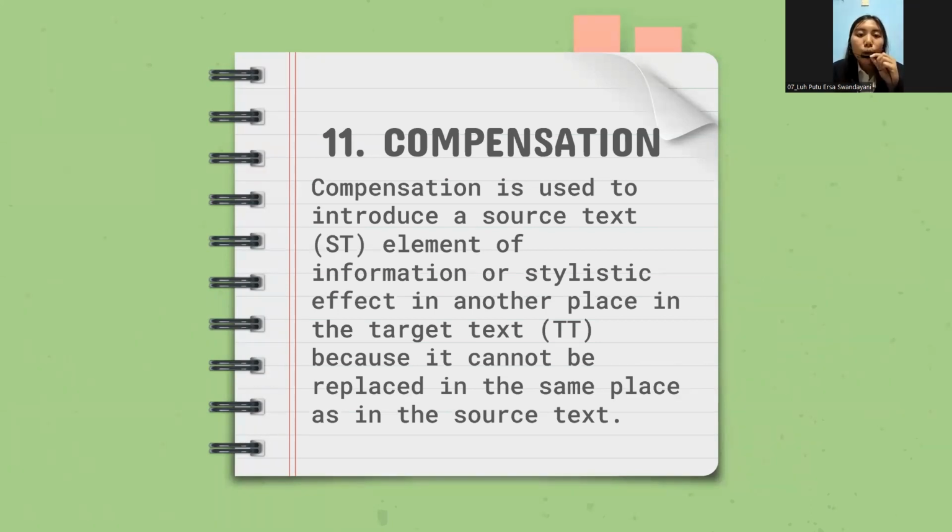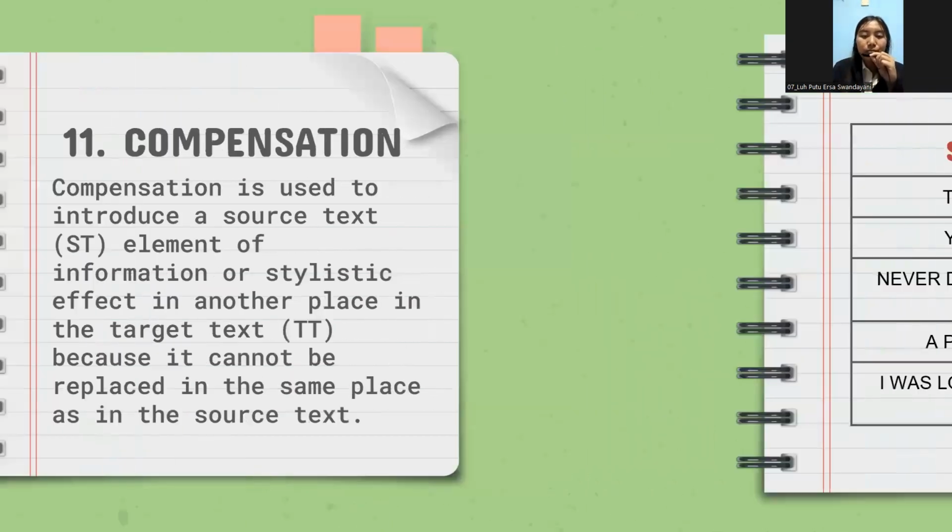This means that when translating using this compensation technique, you have to pay attention to each element because the placement of the element cannot be replaced in the same place as the source text, which is a rule that must be followed when using this technique. Next slide, please.